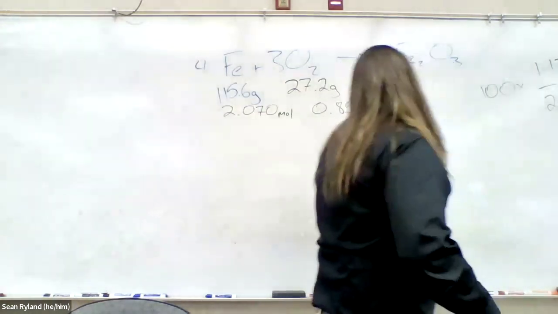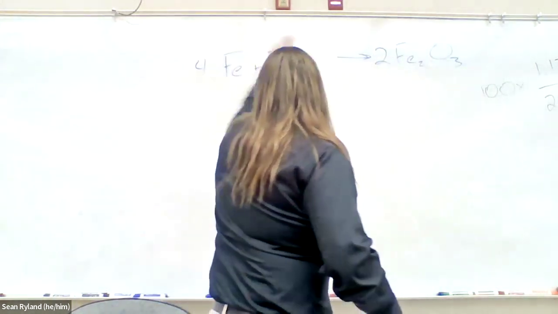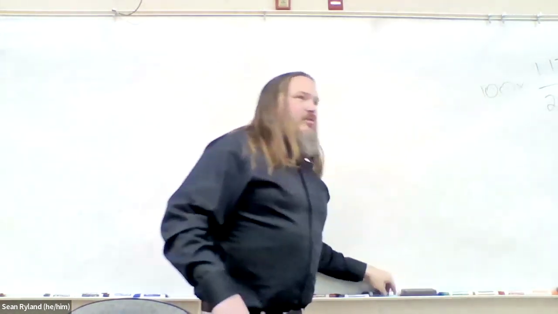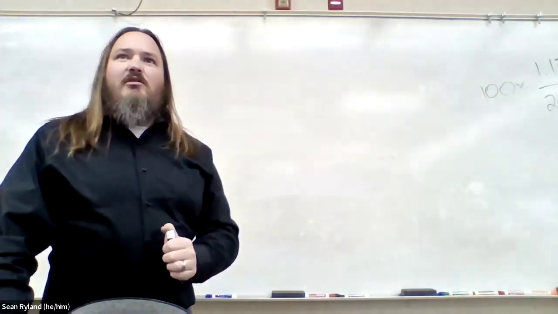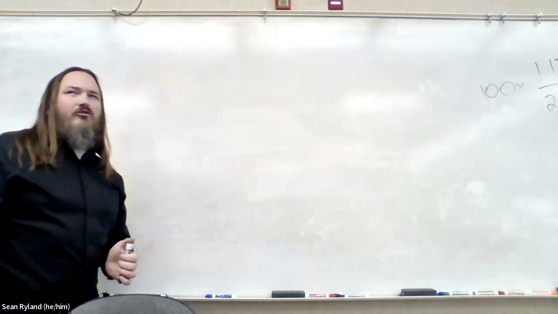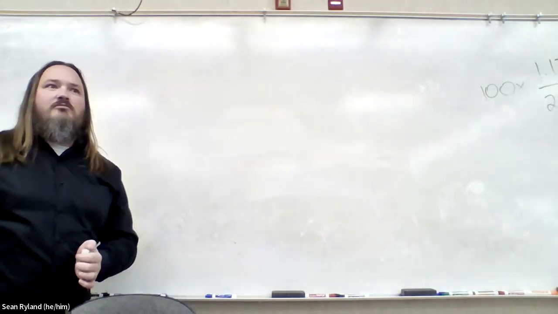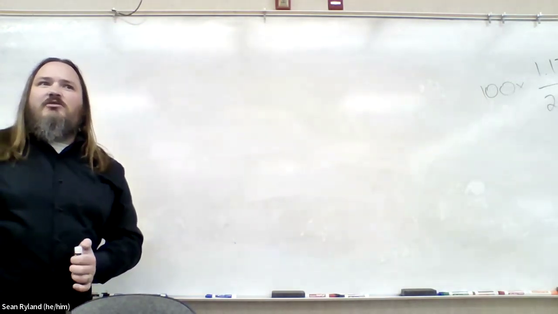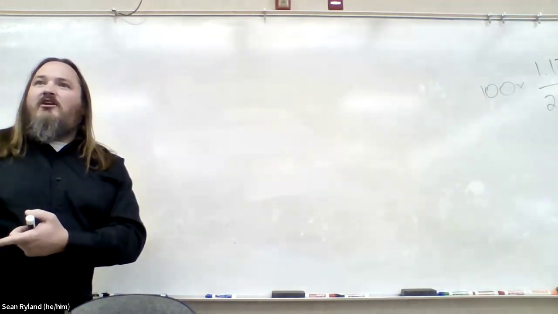When we were talking about concentration, what variables wound up being really important if we were trying to figure out concentration or go from concentration to a number of moles? What did we have to do? We needed molarity.